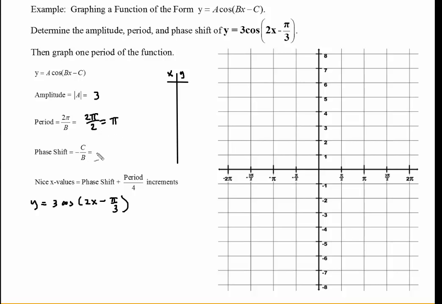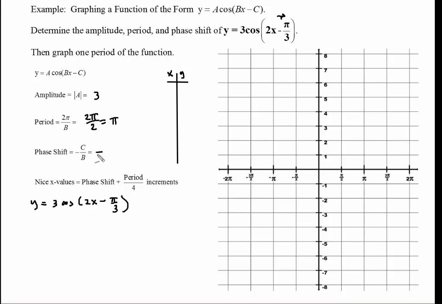The phase shift will be minus C over B. Now you would think about this in college algebra with a minus in here. This would shift to the right. I think y'all would see it. When that's a plus, it shifts to the left.